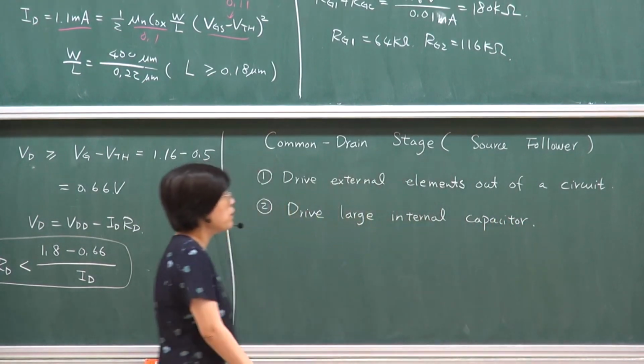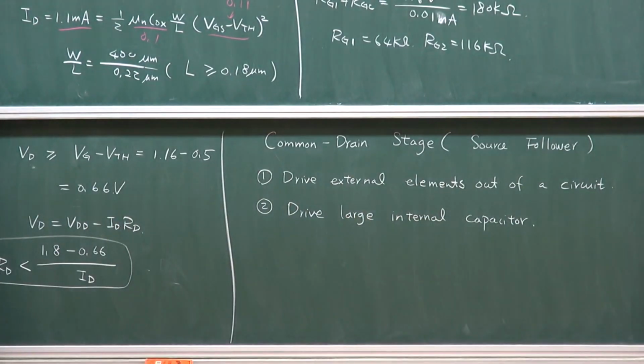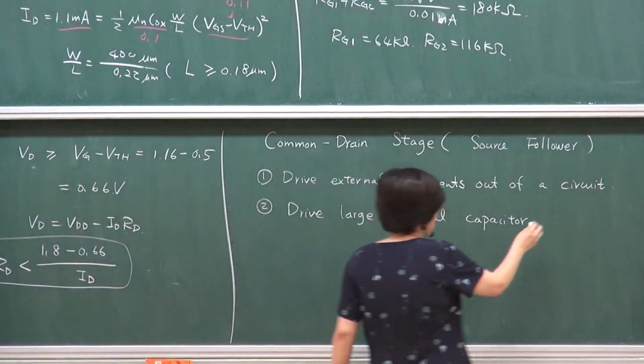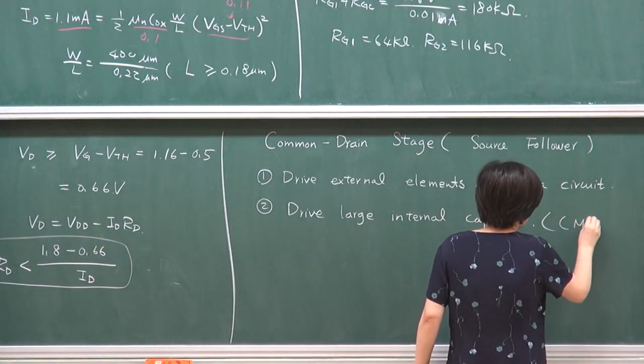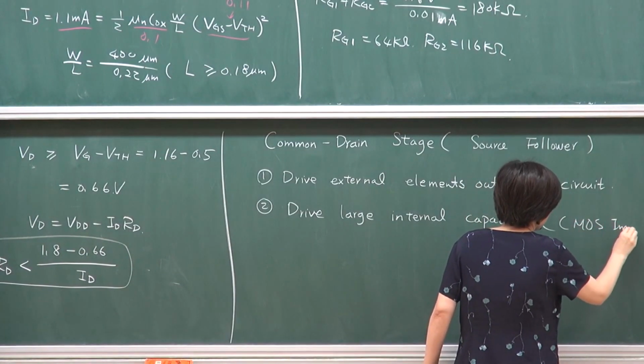You experience large internal capacitance especially when your circuits are placed in an array. The example I use is in a CMOS sensor.